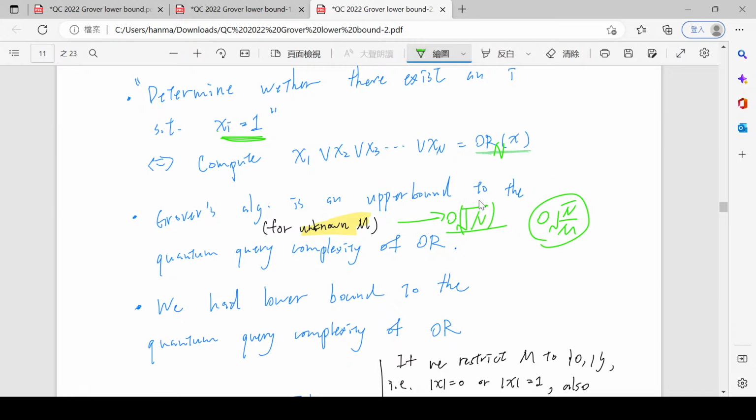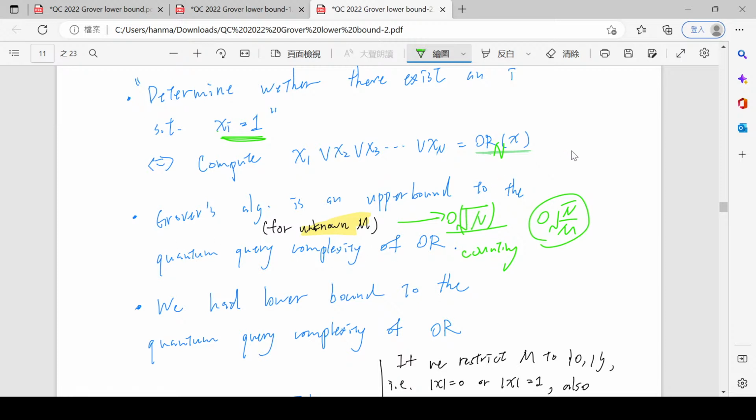And there are several ways to get this order square root n. A very complicated way is you do the quantum counting with very high precision, the textbook precision. Then that will give you this order square root n Grover algorithm for unknown m.